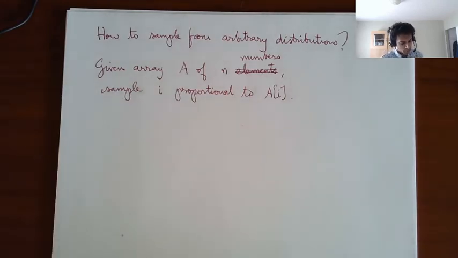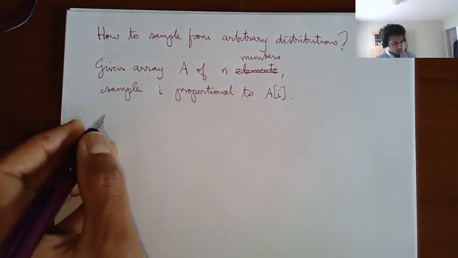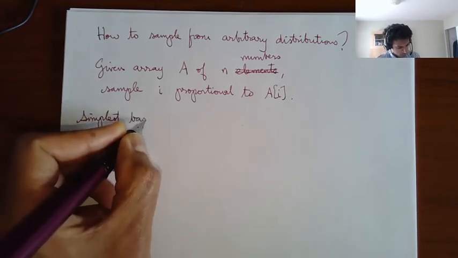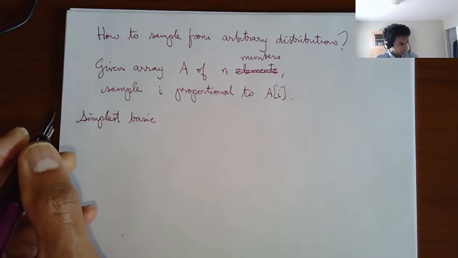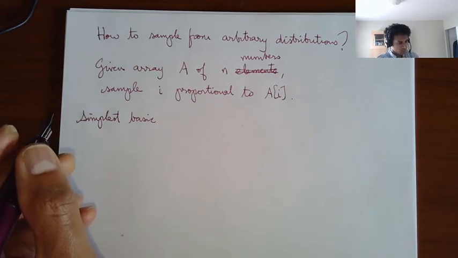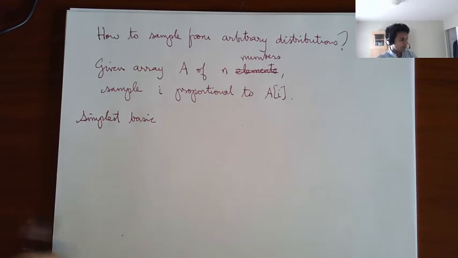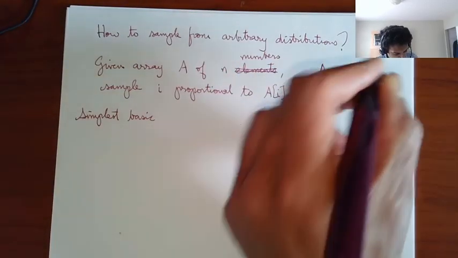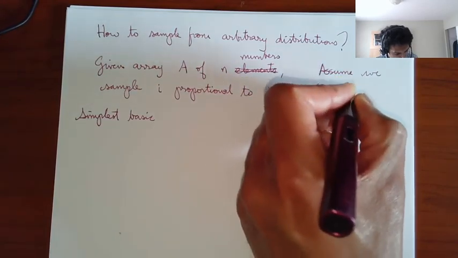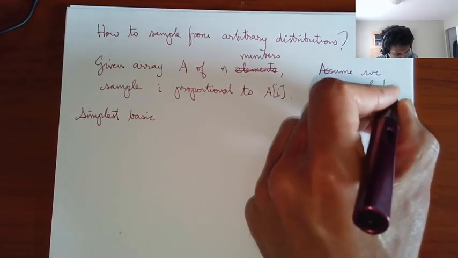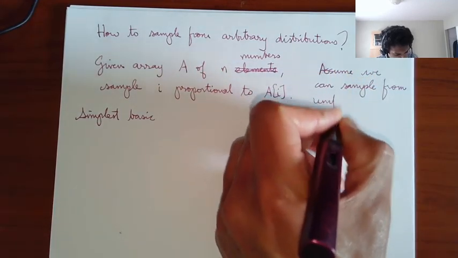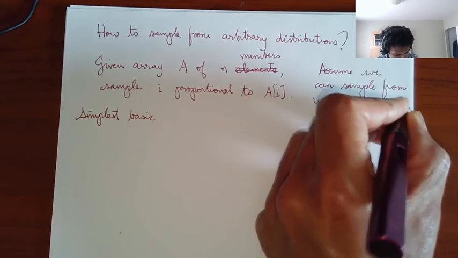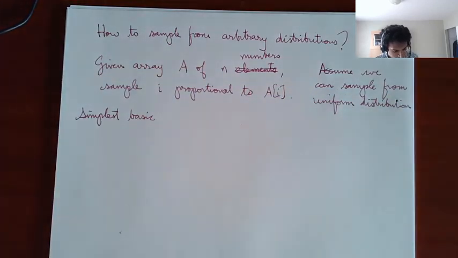Okay. So let me give you the simplest. When you say how to sample from an arbitrary distribution, you assume that we have the uniform distribution. Good. Yeah. So assume we can sample from the uniform distribution exactly.